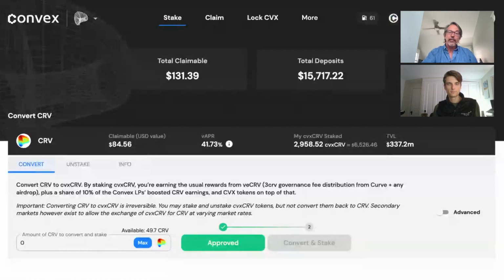That's why they're called the Kingmaker. They control 55% of all Curve tokens locked in that protocol. That's billions of dollars, so whoever they want to award the gauge to, they can.